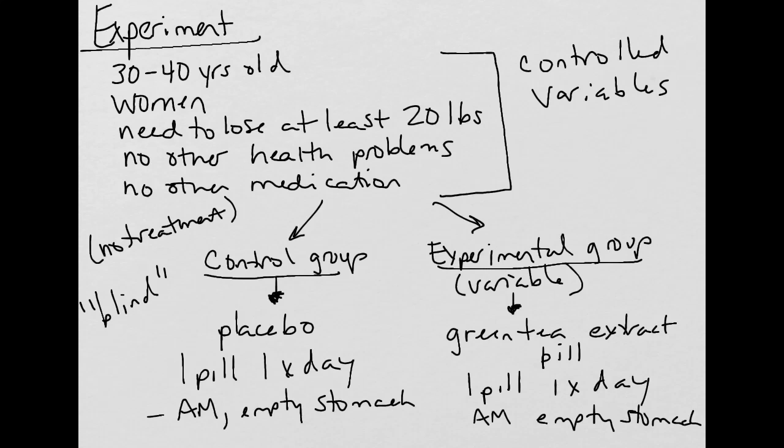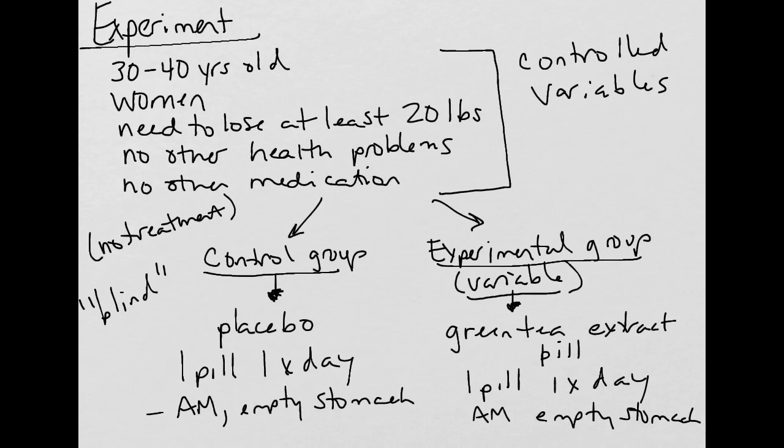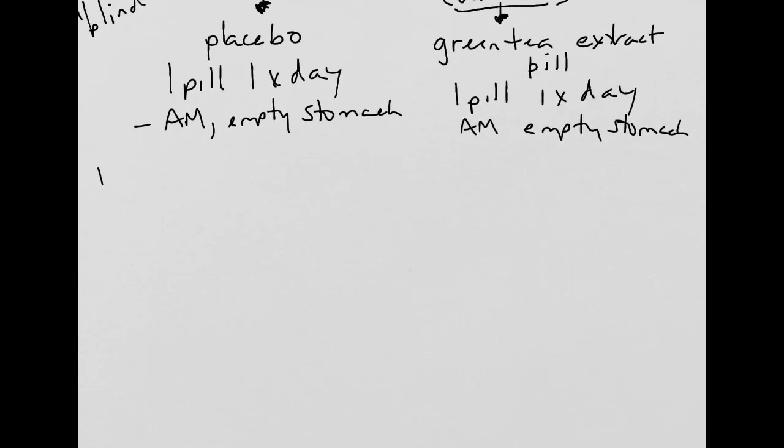Now, some other terms that we need to define in here. As I said, this is the experimental or variable group. Sometimes this is referred to as the independent variable. Whatever you're testing, for example, the dosage here is considered the independent variable. The dependent variable, let's move this up. So the independent variable is what you are testing.